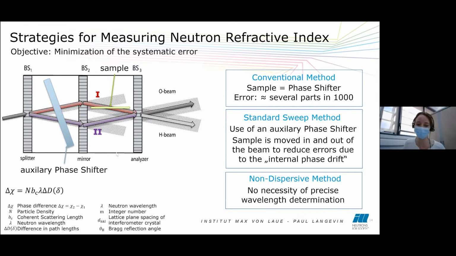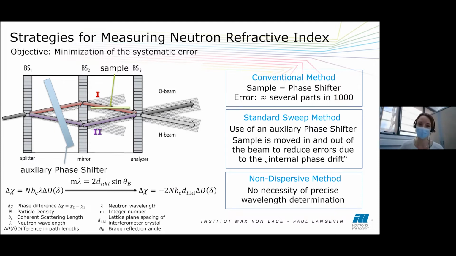And from some simple geometrical considerations and Bragg's law, the phase shift, for which the formula is shown here, then becomes independent of the neutron wavelength and only dependent on the well-known lattice plane spacing of the interferometer perfect crystal. And of course, the advantage here is obvious. The necessity of a precise wavelength determination is eliminated, and one can use an incident beam with a broader wavelength spectrum.